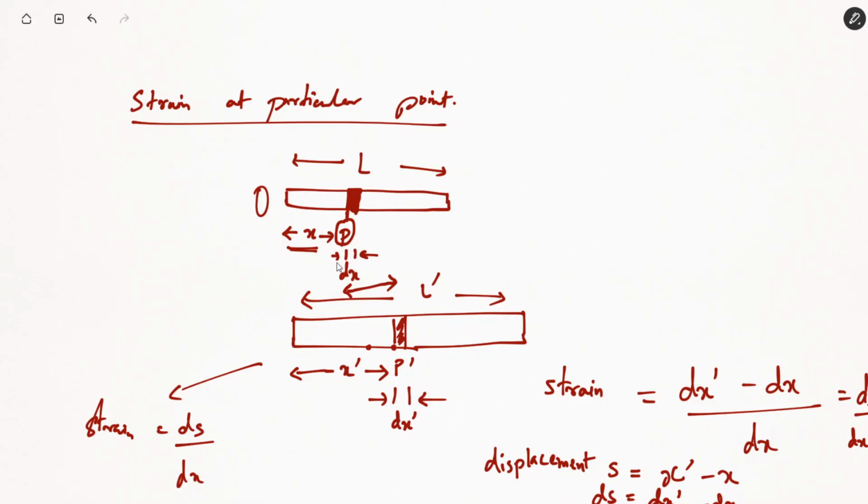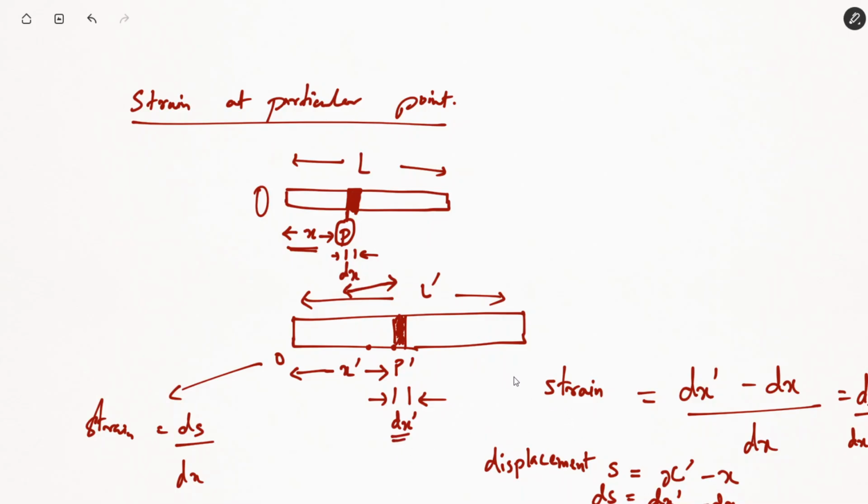On expansion, P gets shifted to P dash. So the distance of P is no longer x from 0. Now the new distance from 0 is x dash. Also, the small portion of length dx that we had assumed initially will also expand, and our new length will be dx dash.